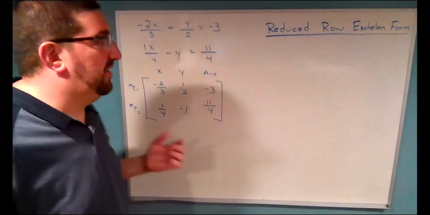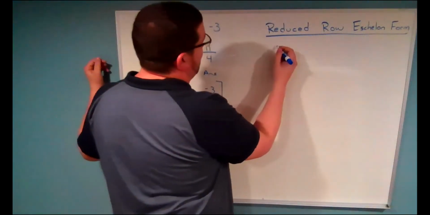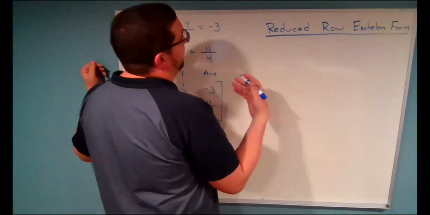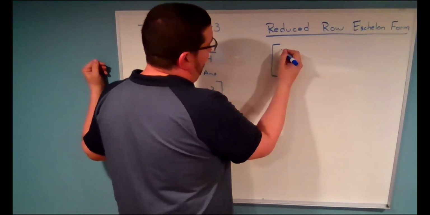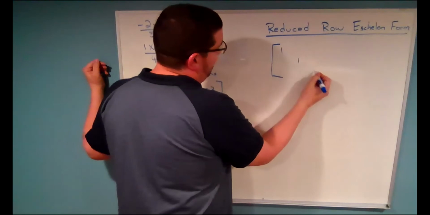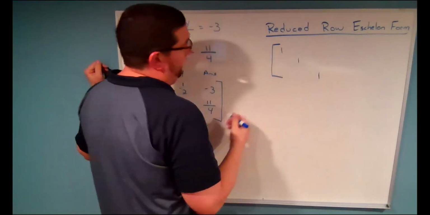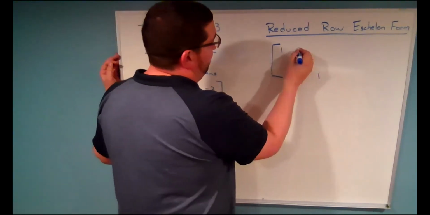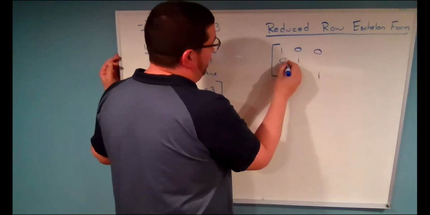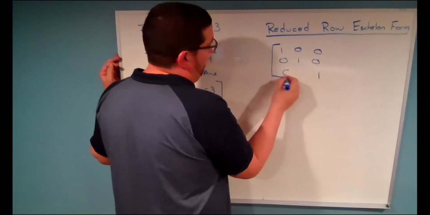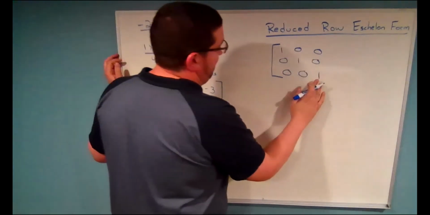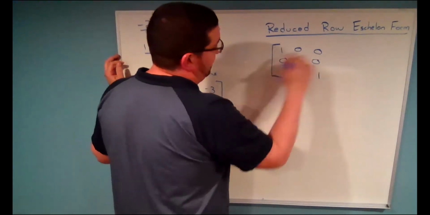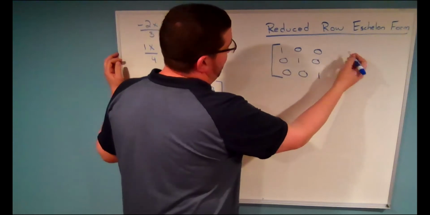All right, reduced row echelon form is reducing the matrix down where you end up with a diagonal series of 1s. Those diagonal 1s are then surrounded by 0s.